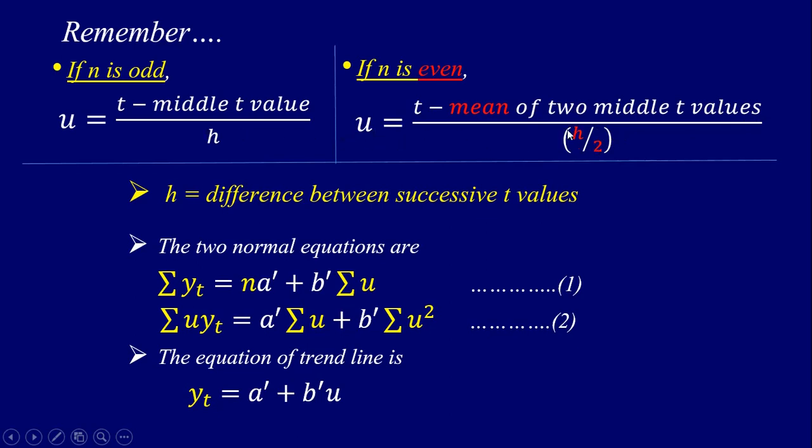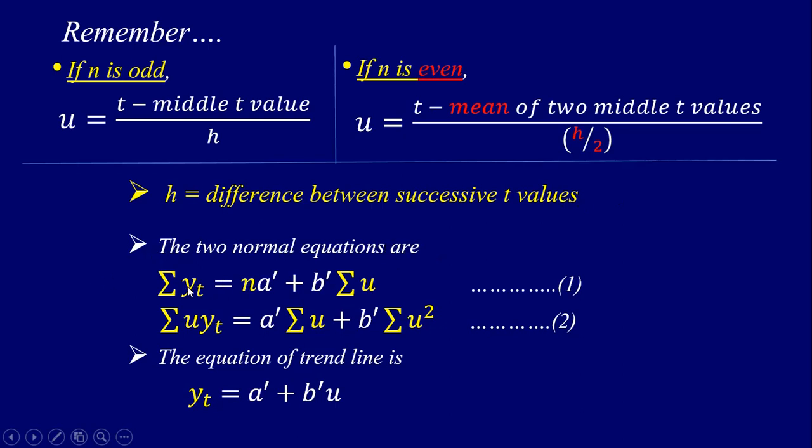So remember the difference carefully. Here it is t minus the middle t value if n is odd, here it is t minus the mean of two middle t values if n is even. In the denominator it is h if n is odd, and h by 2 if n is even. The remaining things are the same. H is the difference between the successive t values.